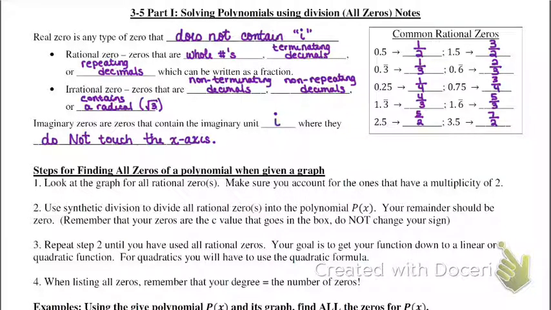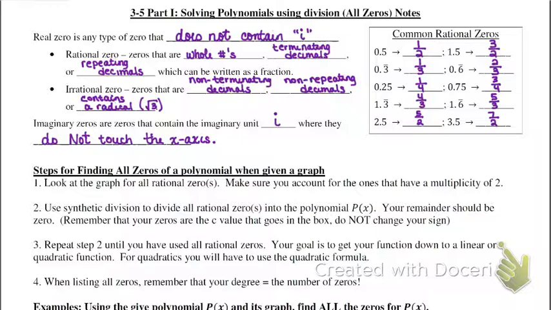We're then going to use synthetic division to divide out all of our rational numbers, or zeros. And remember, your remainder should be 0. That's what it means to be a zero, is you have a remainder of 0. And also remember that your zeros are the c value that goes in the box.